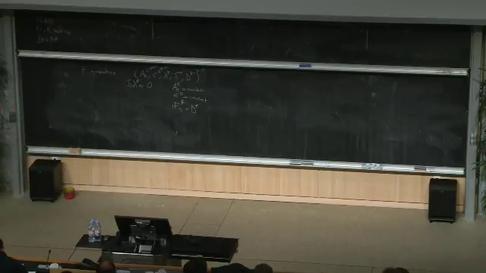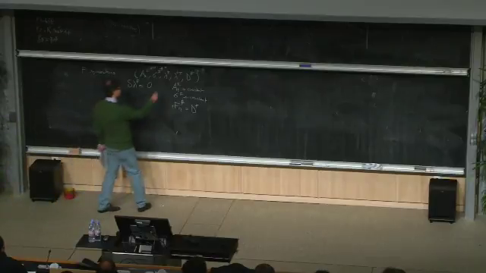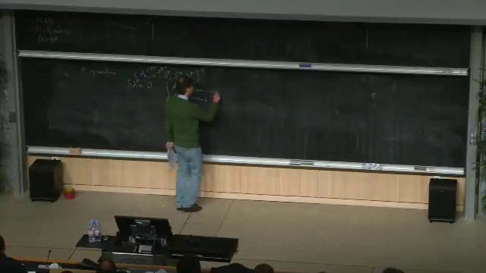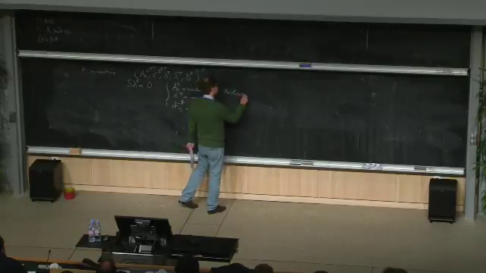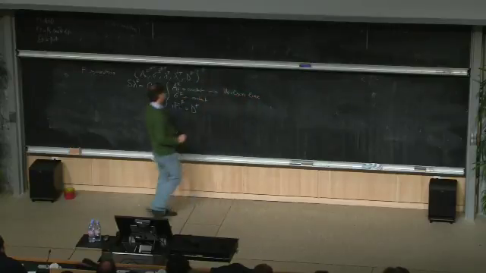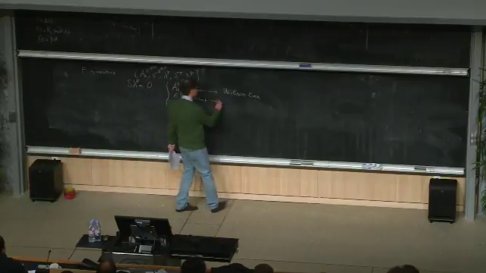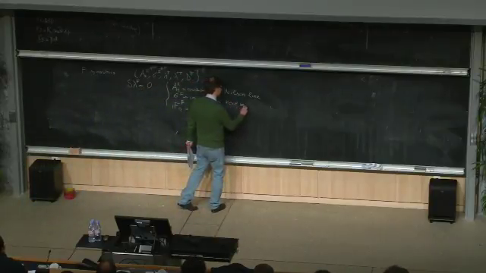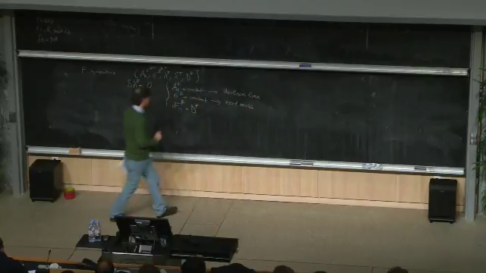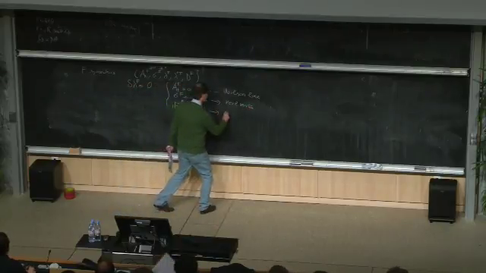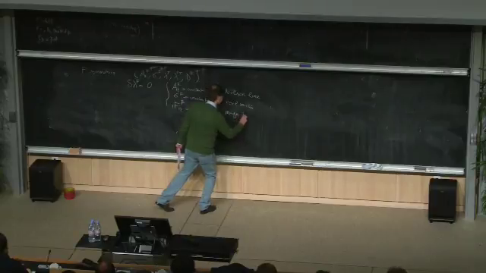So again, what you can do is that if you have a flavor symmetry, you can turn on a Wilson line for the flavor symmetry. You can turn on sigma f, which is essentially a real mass for your theory. And you can turn on a magnetic background for the flavor symmetry.